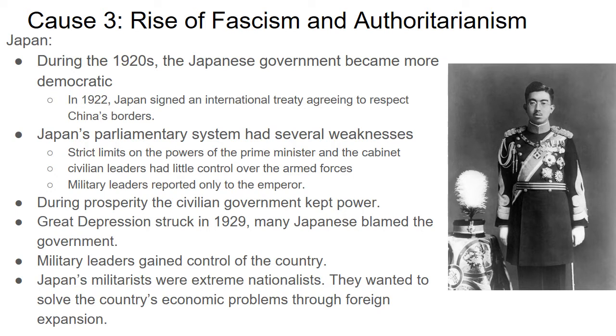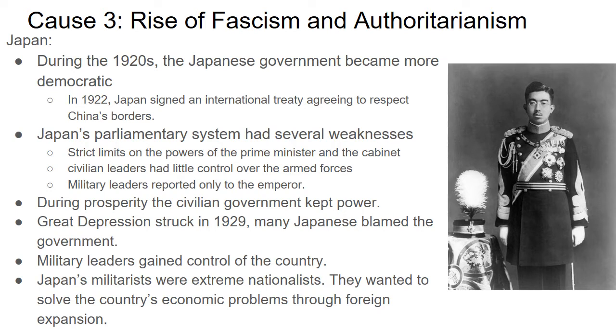So what this means is that the government in Japan has kind of two factions. There's the parliament, the civilian government, who are legislating and creating laws and ruling, and then there's the military that are entirely separate from the authority of the parliament. And so these two parts of the government start competing for power.